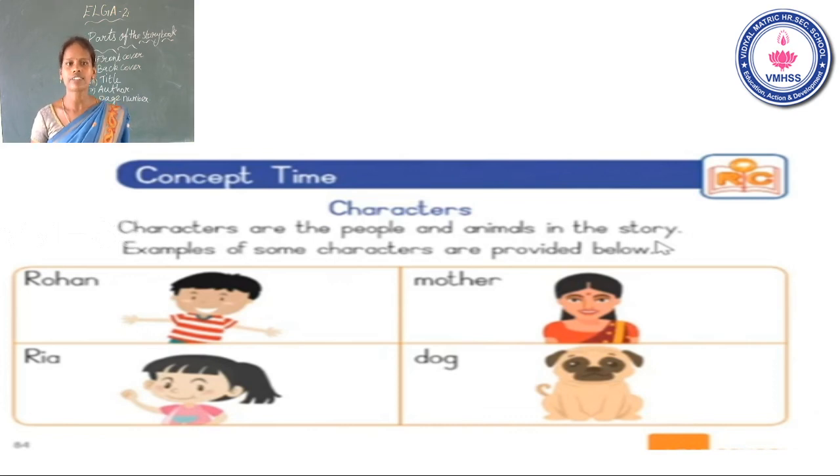They have given many characters. First one, Rohan, Ria, mother, dog. Okay, what does character mean? Characters are people and animals in the story. It's clear? Now go to the next one.